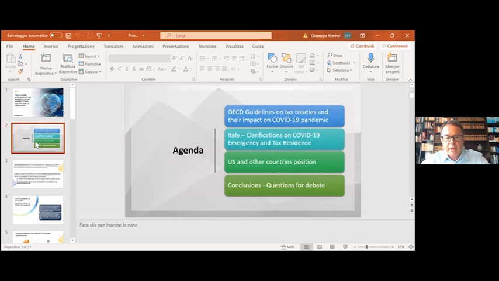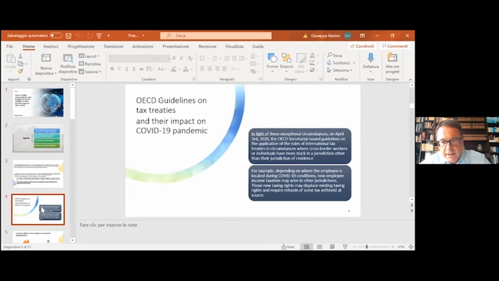The recommendation has to do with the guidelines that were released on the 3rd of April 2020, whereby the OECD Secretariat said, dear member states, let's wait and see, do not take any position about the different interpretation on the various residence of individuals at today because of lockdowns, and let's see what happens.